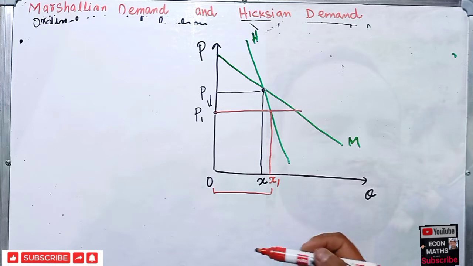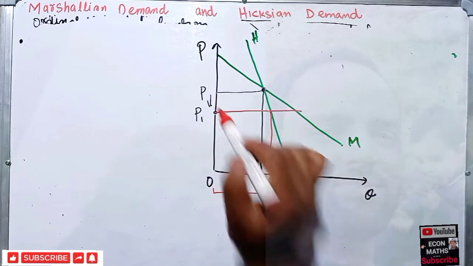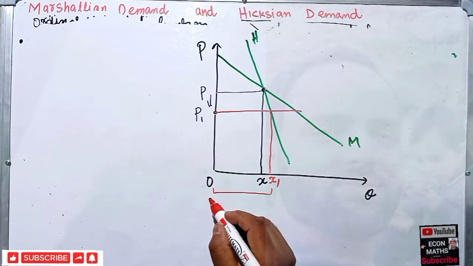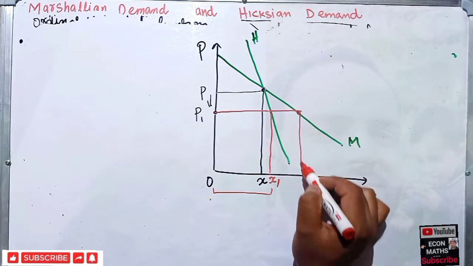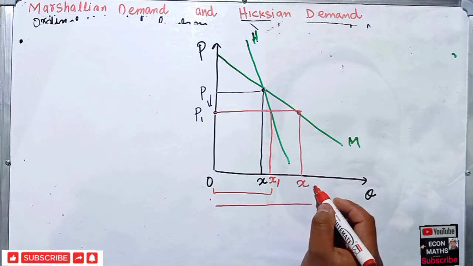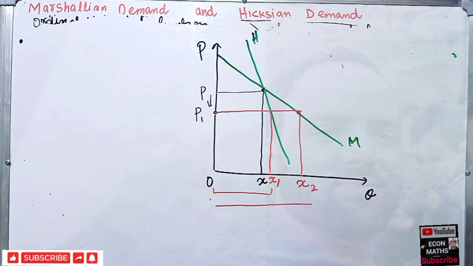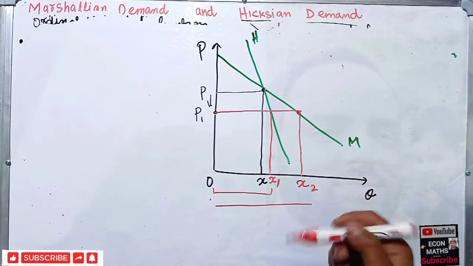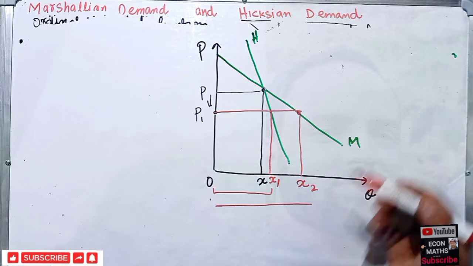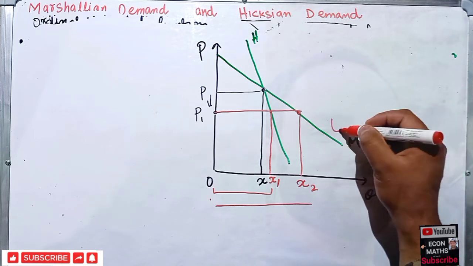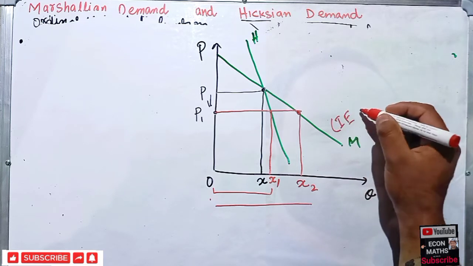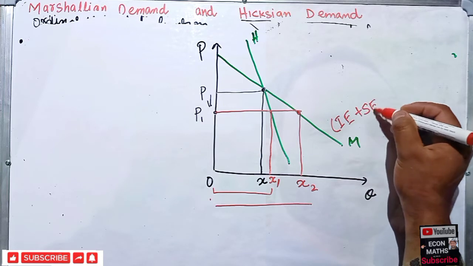But with the same decrease in price, let us say this is X2 here, the consumer can demand OX2 of the commodity. Why? Because as I have told you, in the Marshallian demand function, two effects take place, that is income effect plus substitution effect.